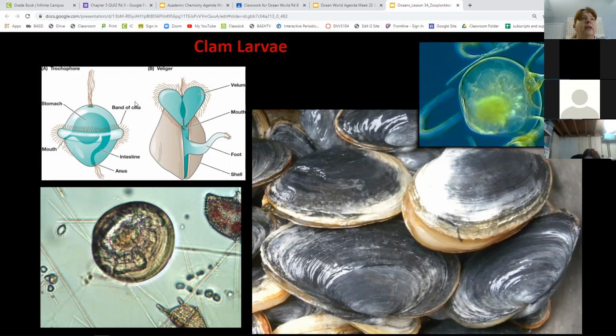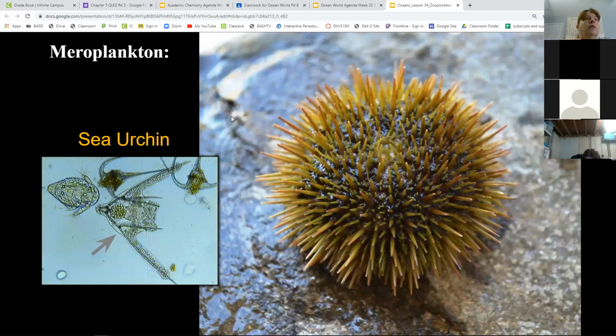This shows a little bit of basic anatomy, but we'll go into that in more detail. Okay, sea urchins also have larval plankton, and they tend to look nothing like the organism that they turn into.